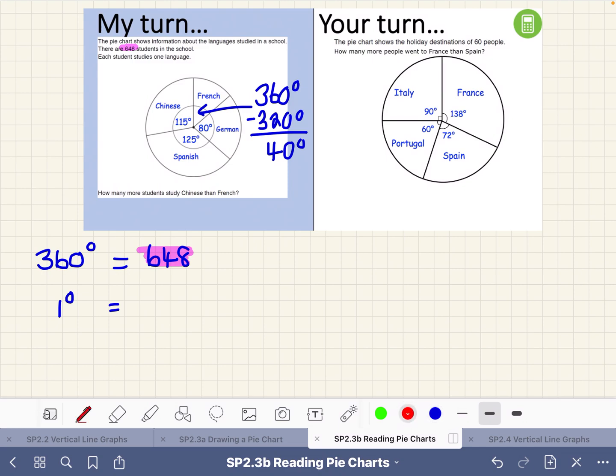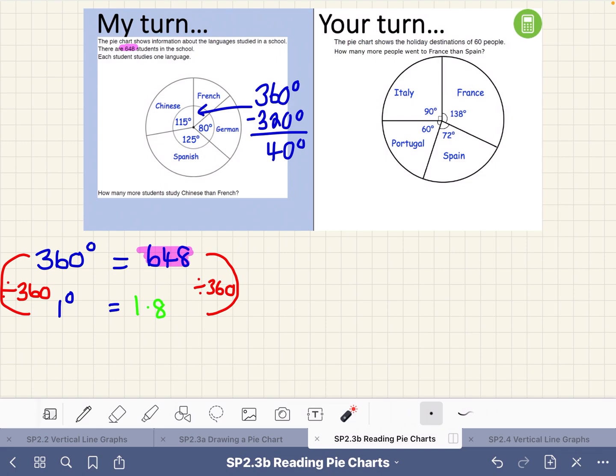To go from 360 down to 1 degree, we must divide it by 360. To make it balance, we must also divide 648 by 360. That gives us a value for each degree as being 1.8. Don't worry that it's a decimal, it is absolutely fine.